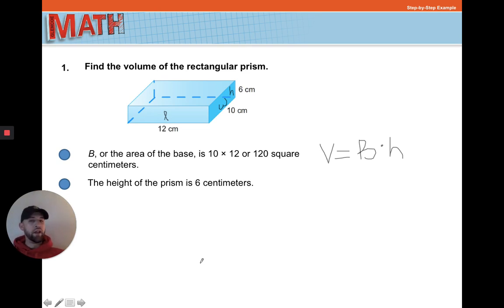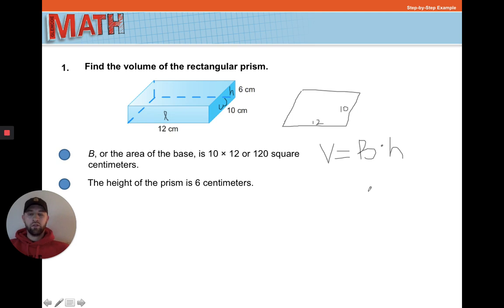That's only going to help you in the long run. So they're saying the area of the base, if we look at it, is technically a rectangle. If I could go ahead and pull it out for you, it would look something like this. That would be the area of the base, and we know that it's 12, and we know that it's 10.